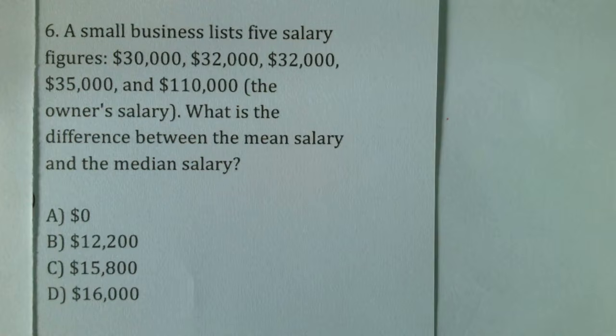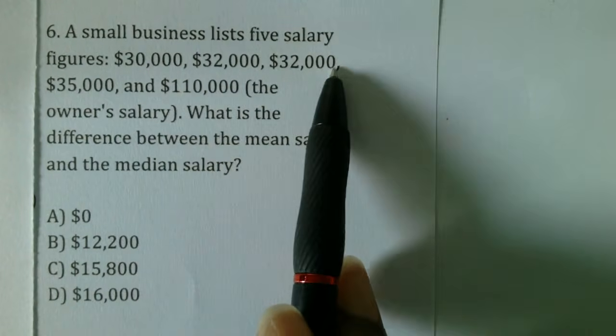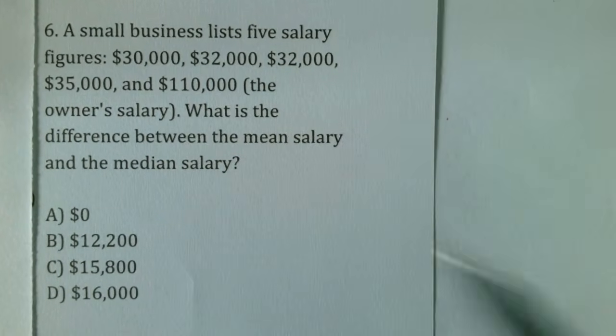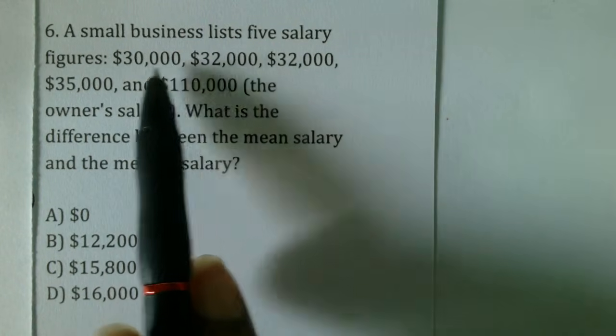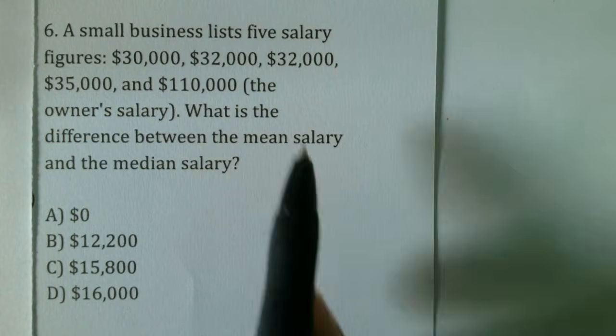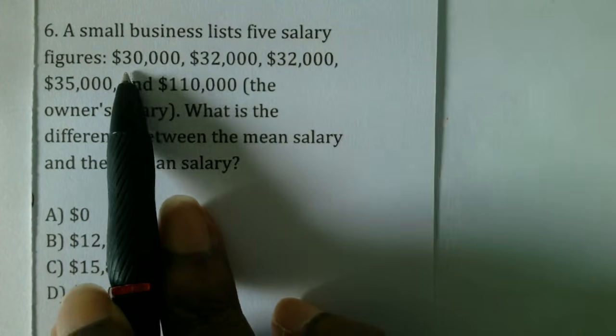So if you're not sure how to approach this, let me walk you through. First thing, we have 30s. Notice all 5 of these listings are in the thousands. So instead of trying to add up 30,000, 32,000, 32,000, just focus on the 10,000s.